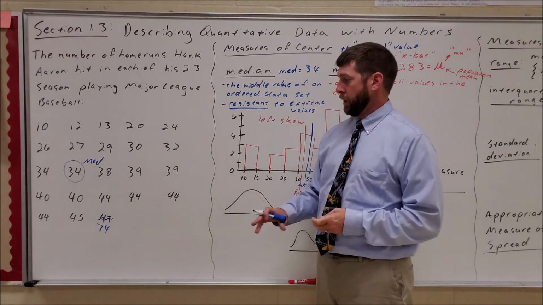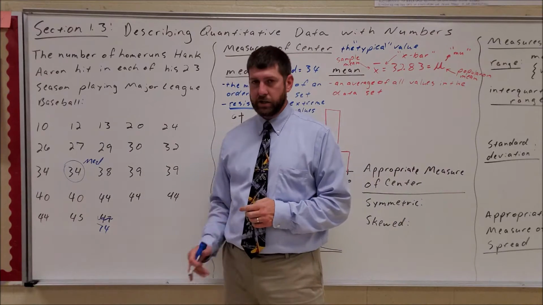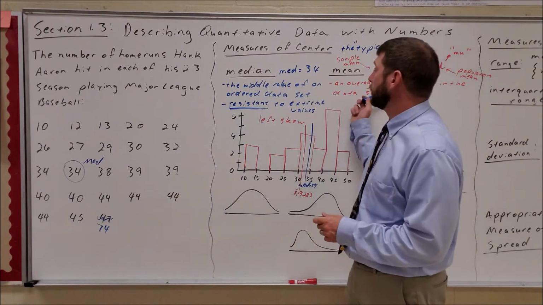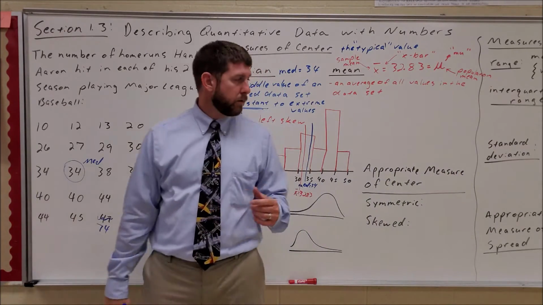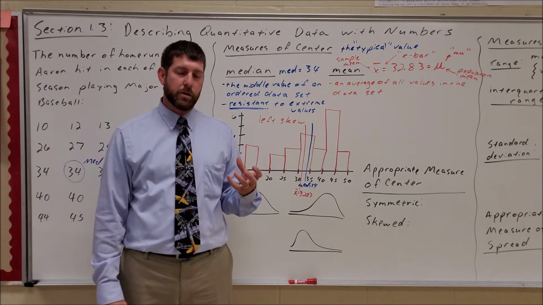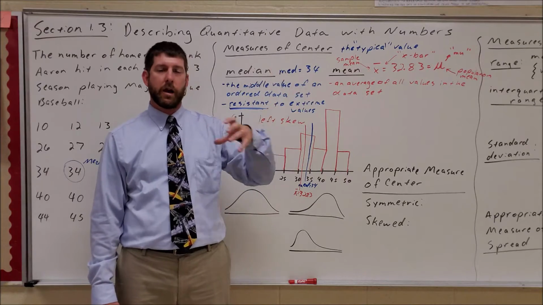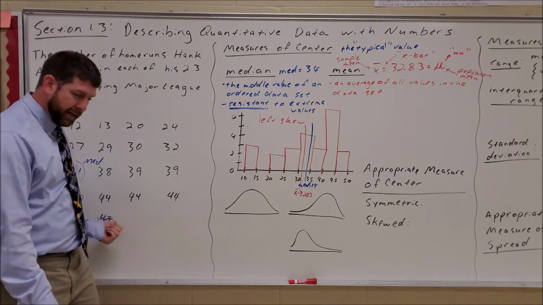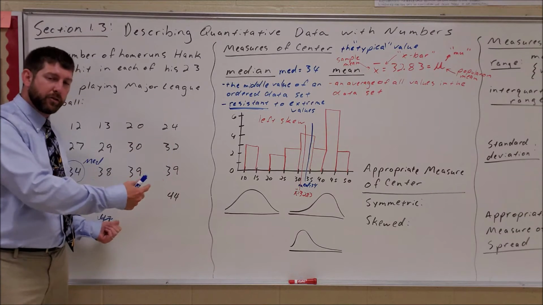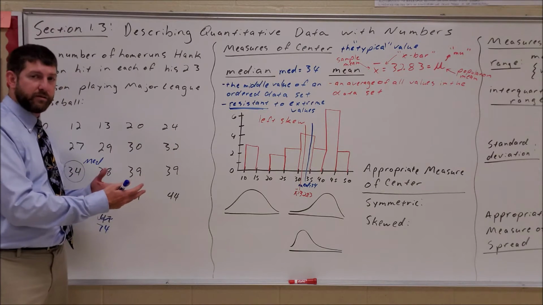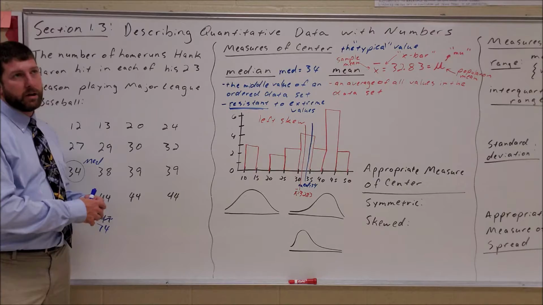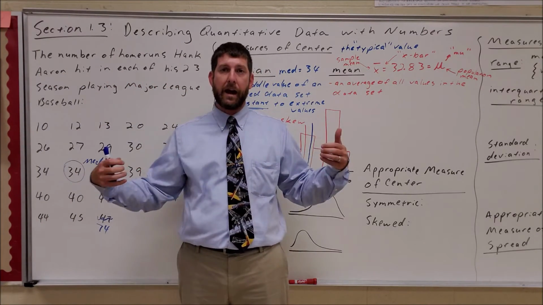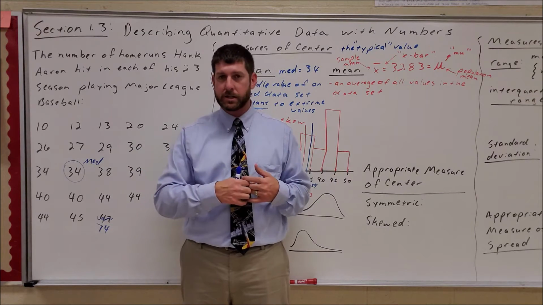So resistant means if I changed an extreme value, the median's not going to change. Now, if I took that 47 and changed it to a 74, would the mean change? Well, I think it's obvious that it would, because remember, a mean is just a sum. You're adding all the values together. If I'm adding a bigger number in, the 47 changed to 74, I now have 27 more home runs to average out and distribute across all those seasons.